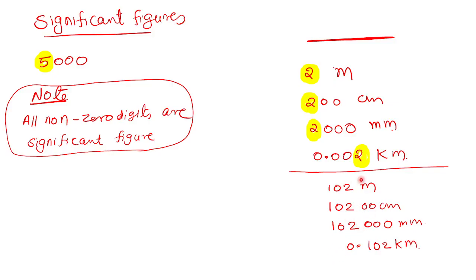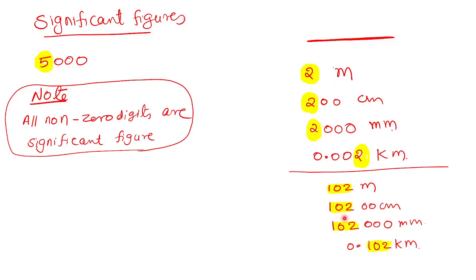Understood? Actually all these values represent the same thing, but you see that in this case the 0 between 1 and 2 remains fixed, never changes, never disappears. 102 is present here, 102 present here, 102 present here, 102 present here. Whichever way you do the conversion, the middle 0 appears to be significant.